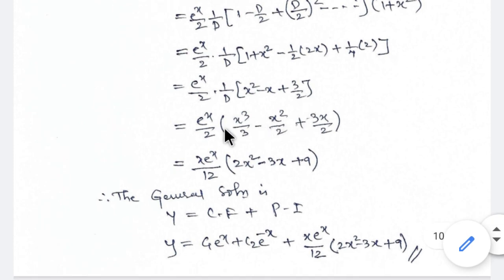This is equal to e raised to x by 2, and 1 by D here means integration. D stands for derivative, 1 by D stands for integration. So integrating all these terms: the integration of x squared is x cubed by 3, minus the integration of x, which is x squared by 2, plus the integration of 3 by 2, which is 3 by 2 x.